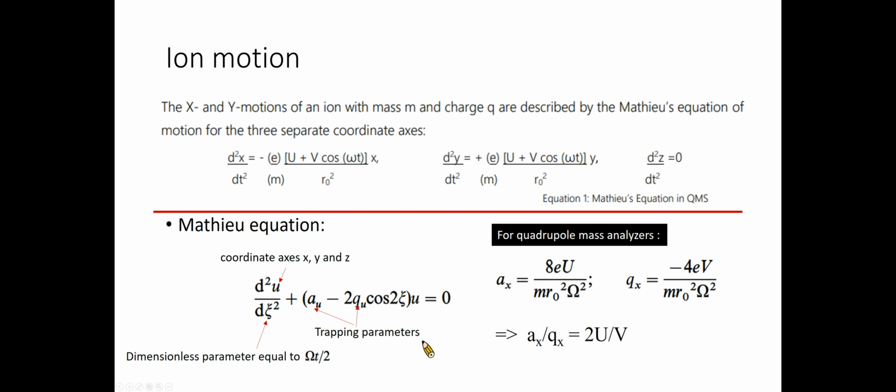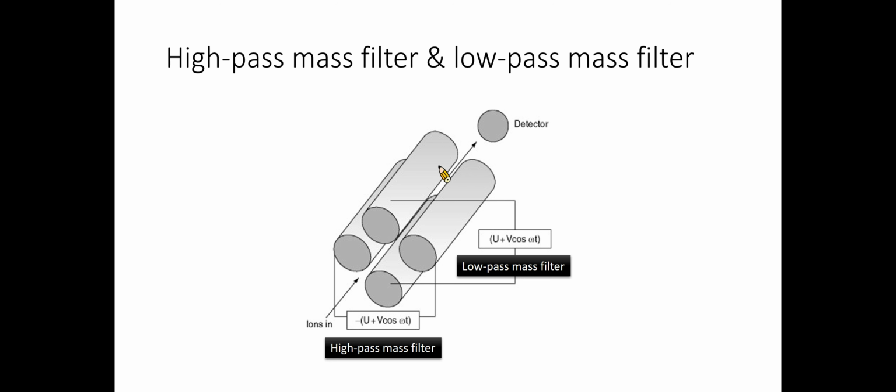Thus, when the two opposing forces are balanced in the movement of a charged particle in the electrical field, the particle will pass through the quadrupole and strike the detector. Two opposite rods have the positive potential except for a short period of time when the negative RF voltage exceeds the positive DC voltage.